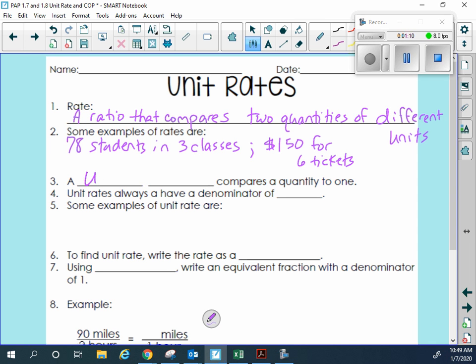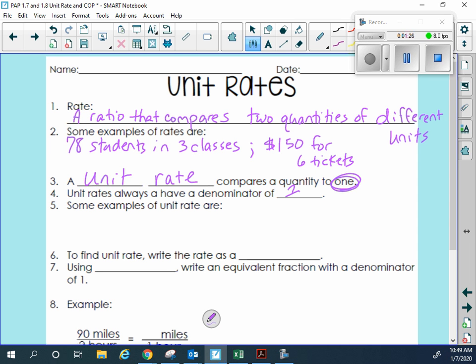A unit rate compares the quantity to 1. We always want to know how much 1 is. Unit rates always have a denominator of 1.